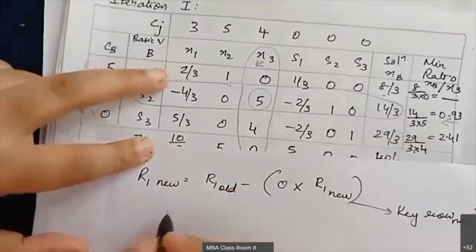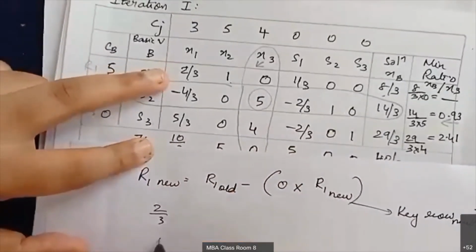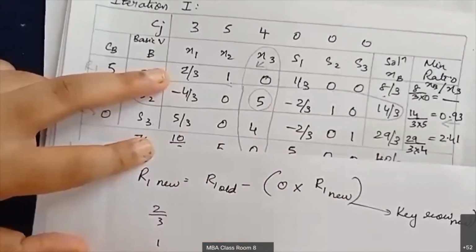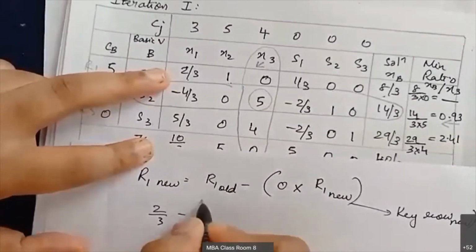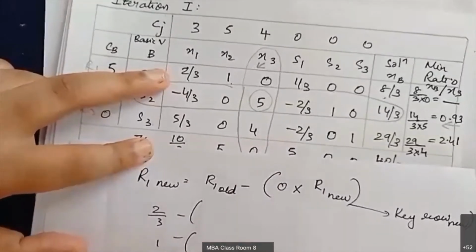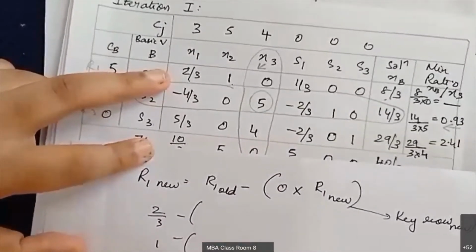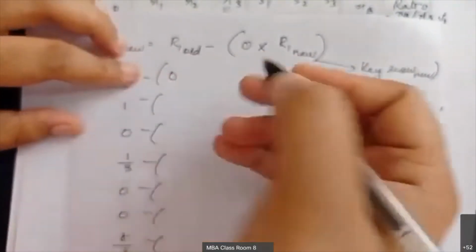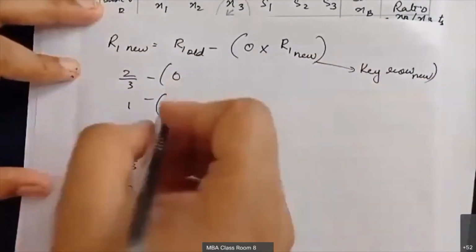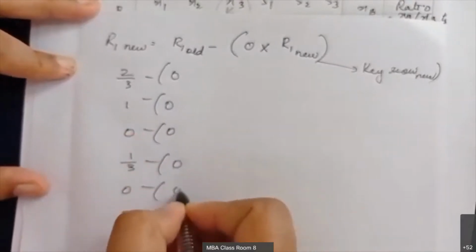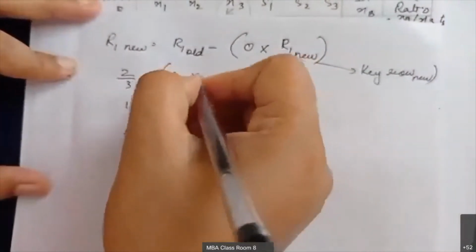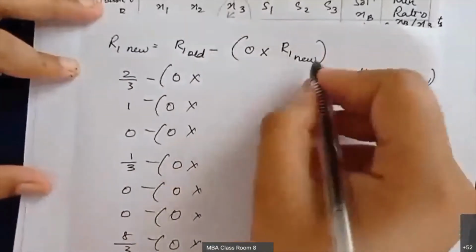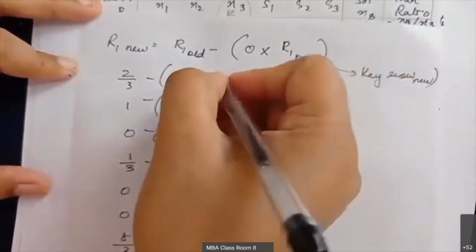I am writing it down: 2 by 3, 1, 0, 1 by 3, 0, 0, and 8 divided by 3, minus 0 multiplied by 0, 0, 0, multiplied by R1 new.